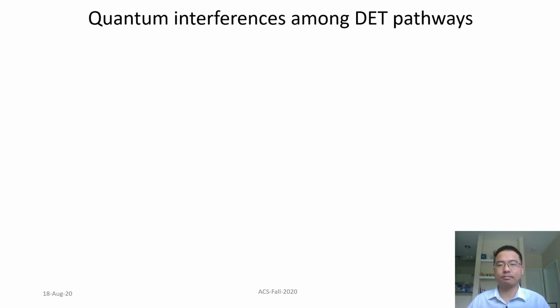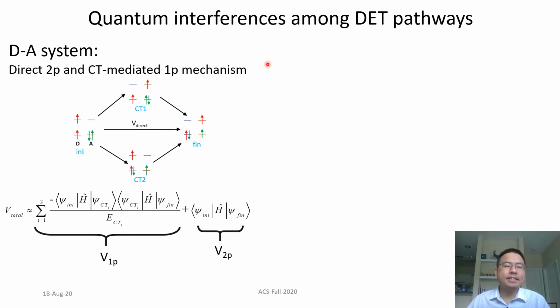For the coupling of Dexter energy transfer, previous researchers have shown that the coupling can come from different pathways. Like in a DA system, the coupling can come from a direct two-particle pathway, or it can go from a one-particle pathway through the mediated charge transfer states.